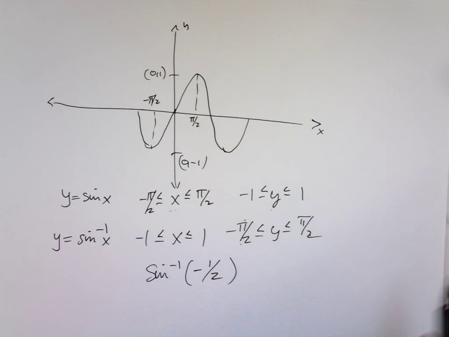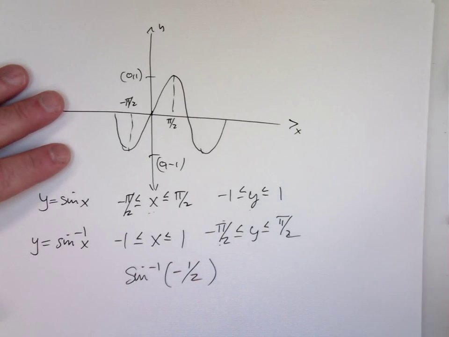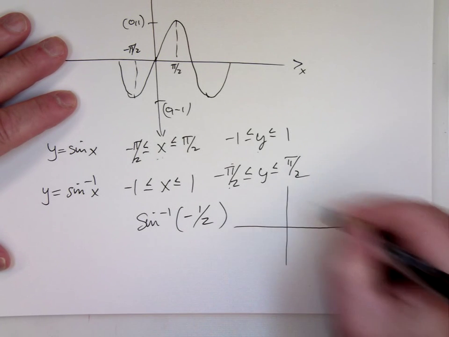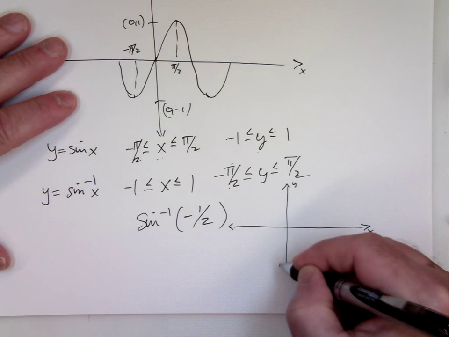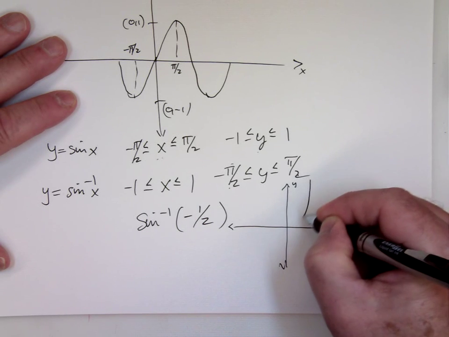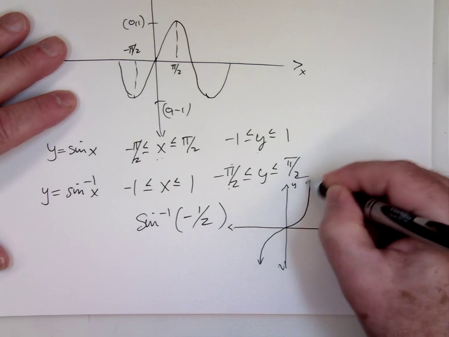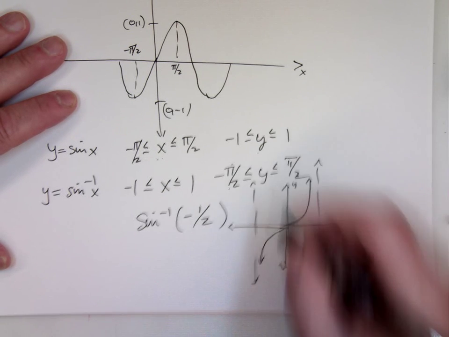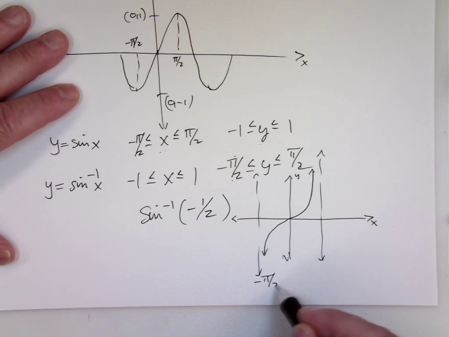Let me show you here. Here's the tangent with its vertical asymptotes at negative pi over 2 and pi over 2, and it continues as a periodic function. This is the restricted domain.